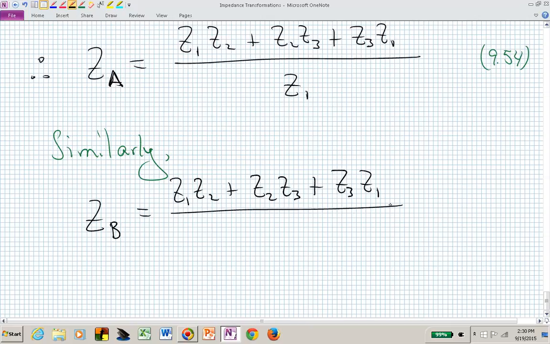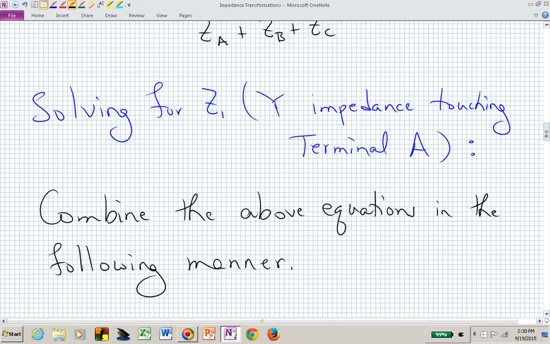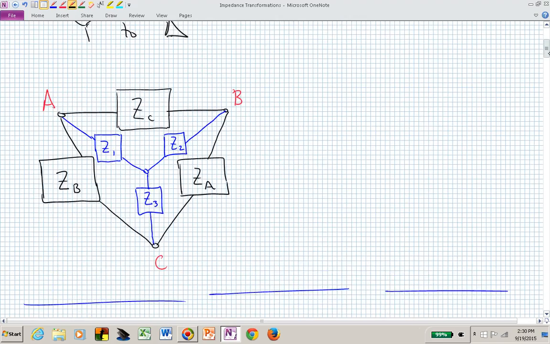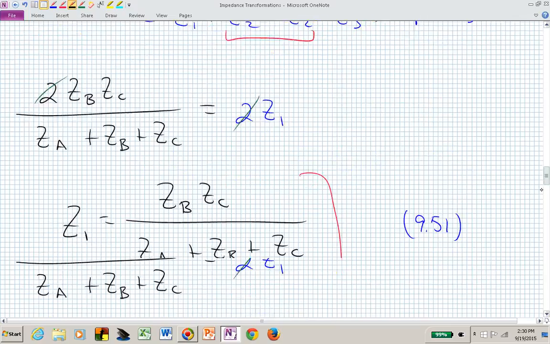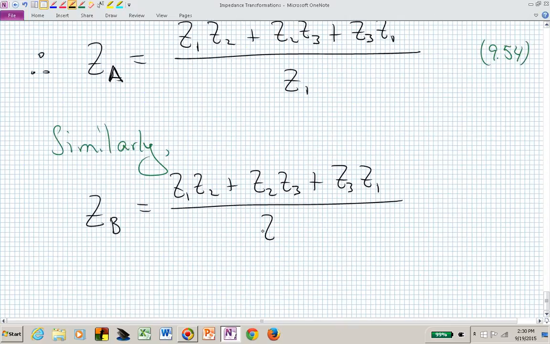And in the denominator, if we look at what Z sub B is in our schematic, it's now opposite Z sub 2, and that's the impedance in the Y configuration that we need to divide into this pairwise sum of products.